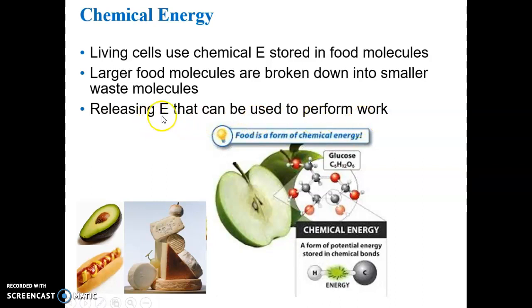Most of the initial energy released when larger food molecules are broken down is almost always transferred onto the ATP molecule, and then that ATP molecule's energy can be used to perform specific work like muscle contraction, to move things.